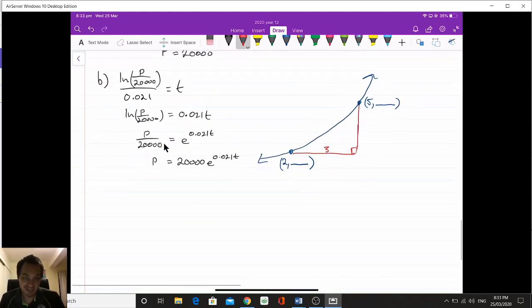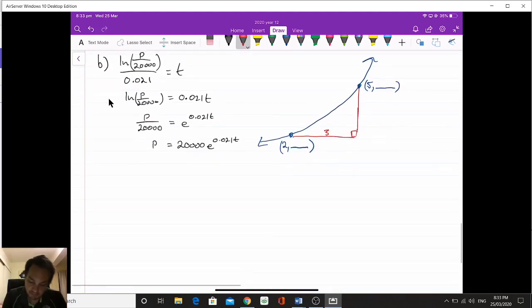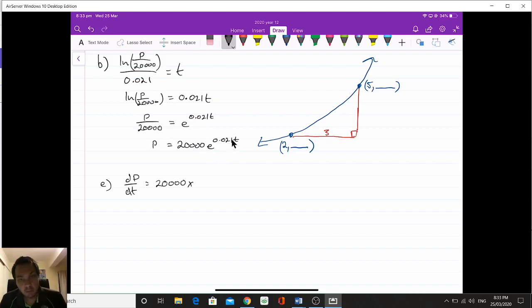So for E, we would find the derivative of P, the change of P with respect to time. That's going to be the derivative of an exponential function, which is 20,000 times our derivative of this, and we know that 0.021 will get multiplied forward.